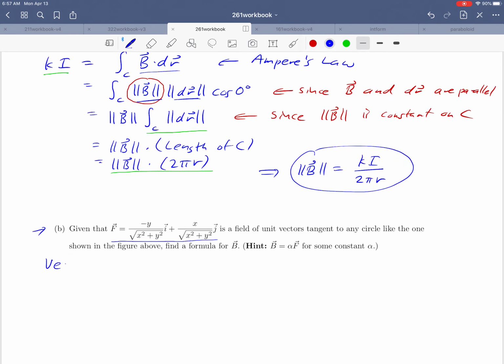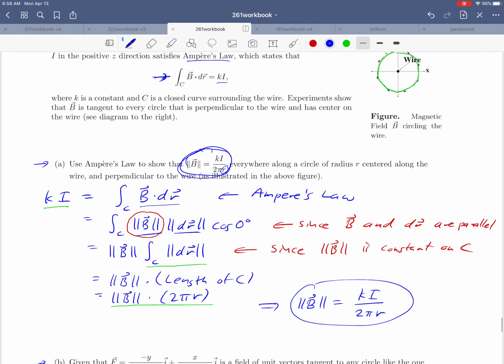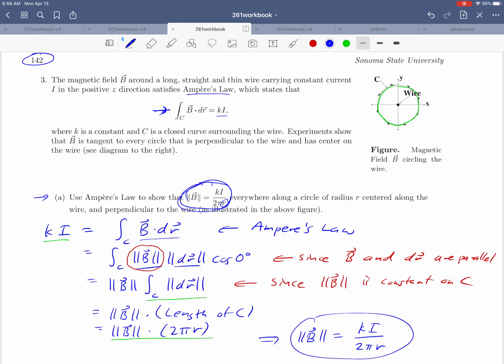The vectors in F are unit vectors. They all have length 1, and they're exactly parallel to the vectors in our magnetic field. You can confirm this by looking back at some pictures in the workbook. It's going to look very much like the vector fields up here in the picture, just that every vector is going to have length 1.